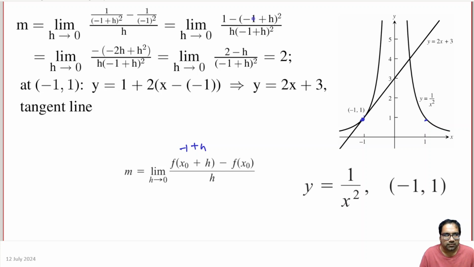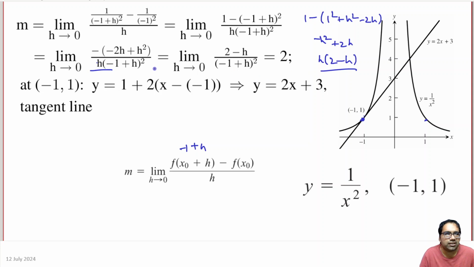This simplifies: 1 minus (1 plus h square minus 2h). Right, this becomes minus h square plus 2h, which is nothing but h into 2 minus h.